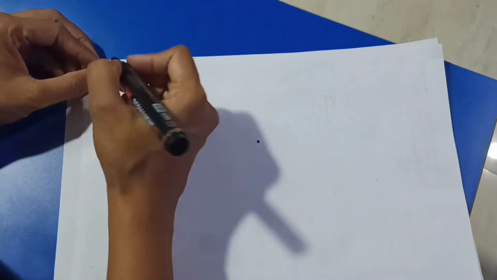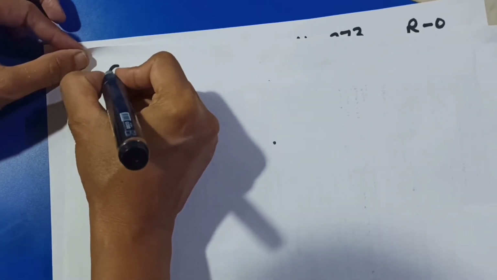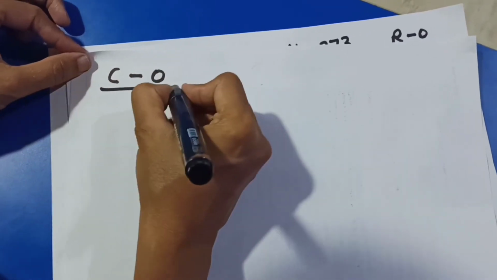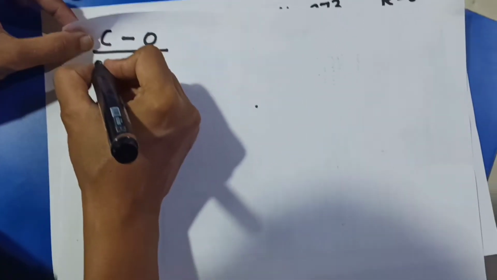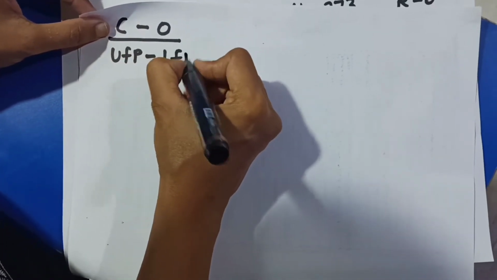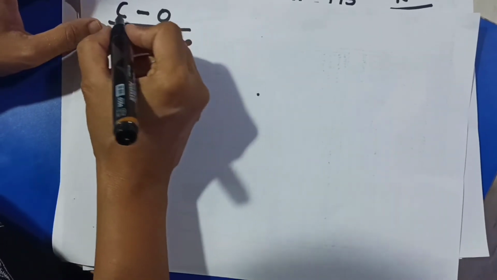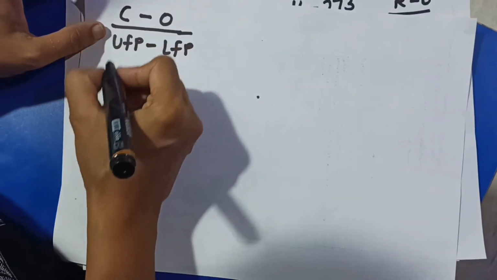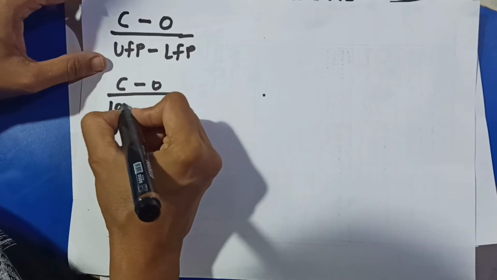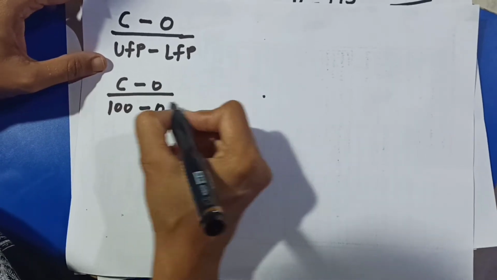To convert the temperature from one scale to another, the formula is: given temperature minus lower fixed point, upon the difference between the upper fixed point and lower fixed point. If we take the degree Celsius, the formula will be C minus 0 upon 100, where the upper fixed point is 100 and the lower fixed point is 0.